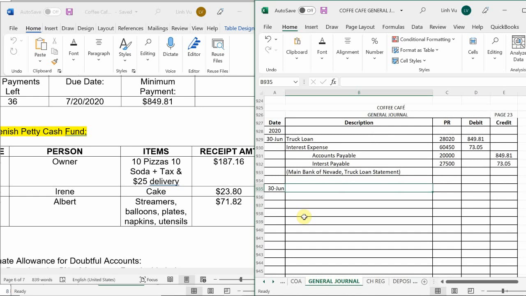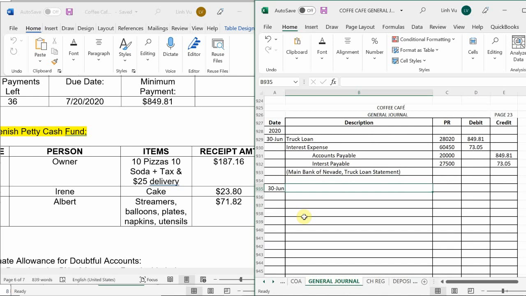Actually, sorry, this is chapter 9. So when we have a petty cash drawer, right now it has a balance of $500 in there, right? But if you remember on the 23rd, the owner, Irene, and Albert decided to take money out of the petty cash drawer to buy stuff for their grand opening party.